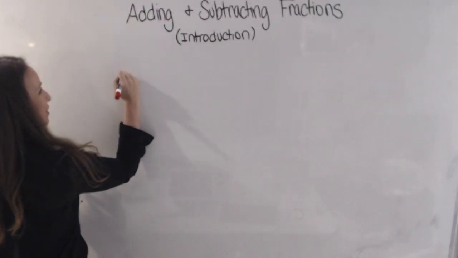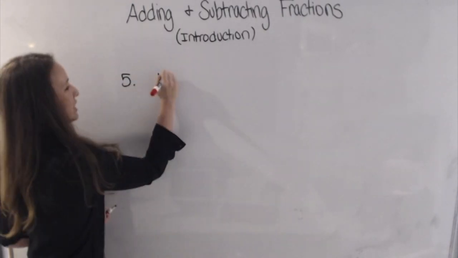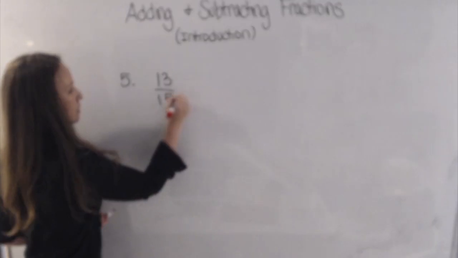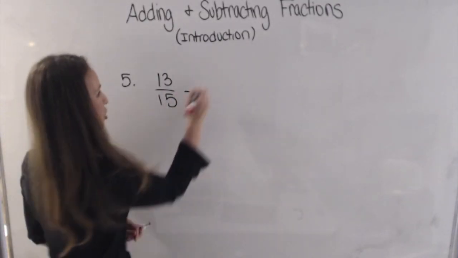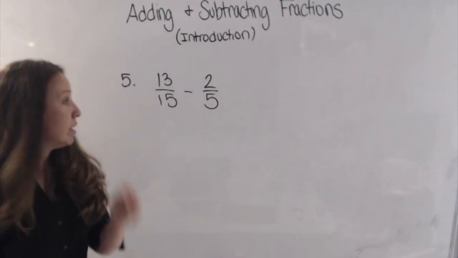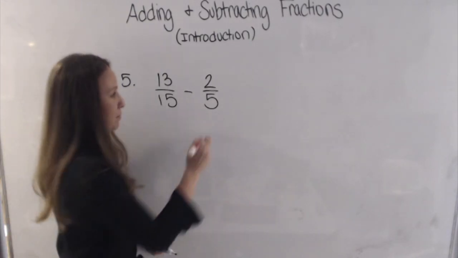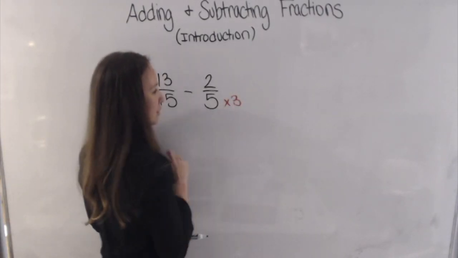Number 5. 13 fifteenths minus 2 fifths. Now, we already know from last time that 5 can become 15 by multiplying it by 3. And that's fine.